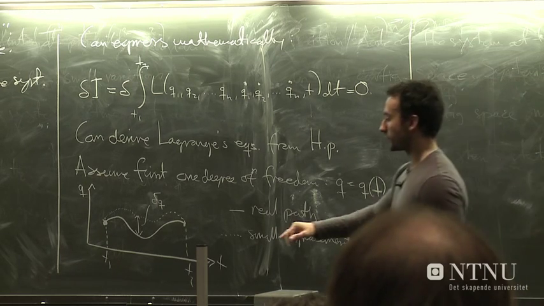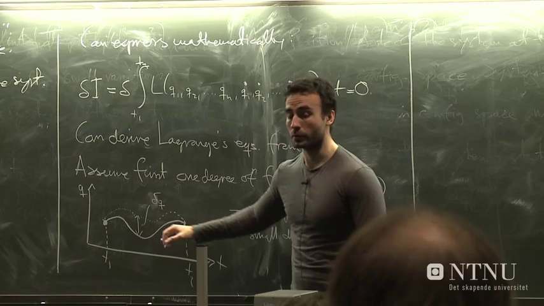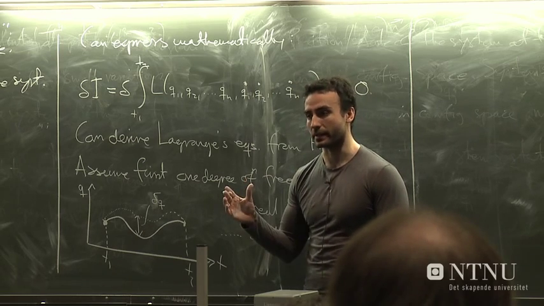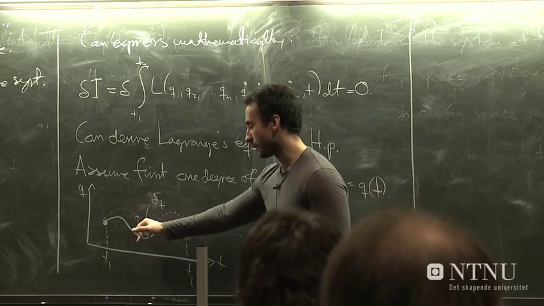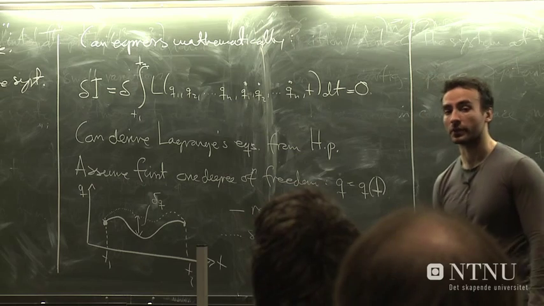So we can parameterize various curves which represent minor displacements compared to this real path by introducing a parameter alpha.